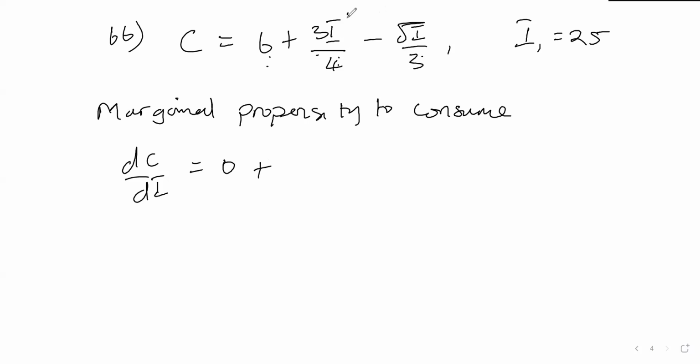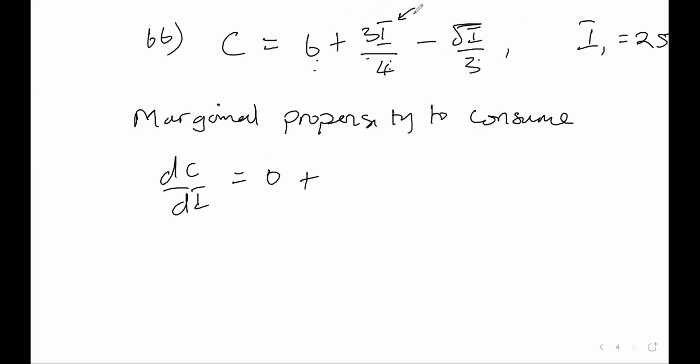See this as 3 over 4 times I, then by the constant multiple rule, keep your 3 over 4 the same, differentiate I, we get 1, minus this one, see this also as 1 over 3 times root I. So keep 1 over 3 aside, differentiate root I. Remember that root I is I to the half, so its derivative becomes a half I to the negative half. And that's our dC/dI there.